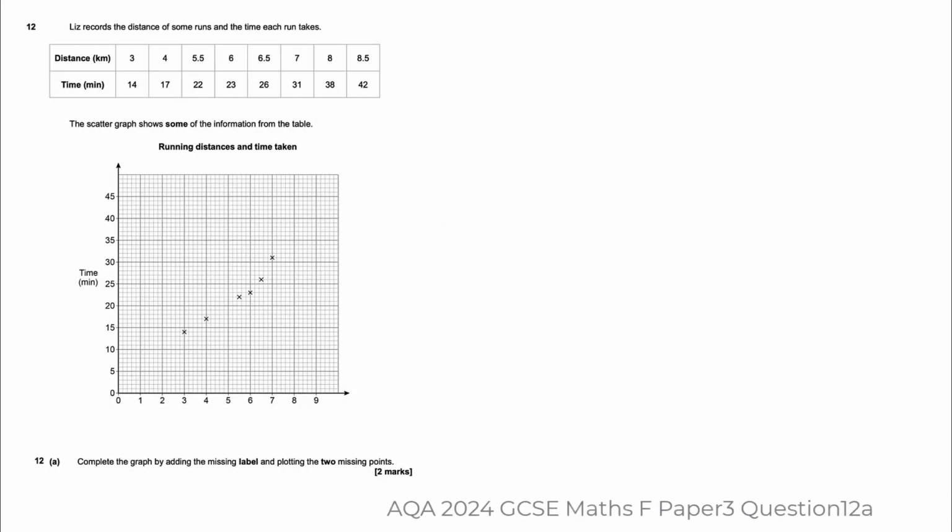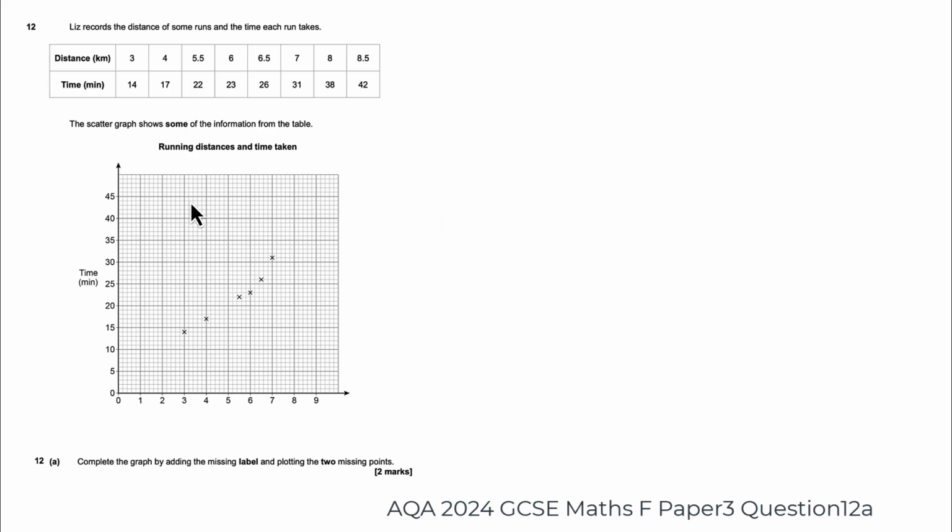So here's question 12. And we've got Liz, who records the distance of some runs and the time each run takes. On the top row we've got the distance that she ran, and in the second row we've got the time in minutes that she took for each of these runs.